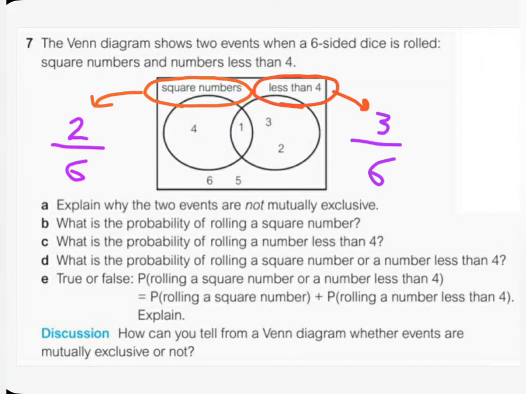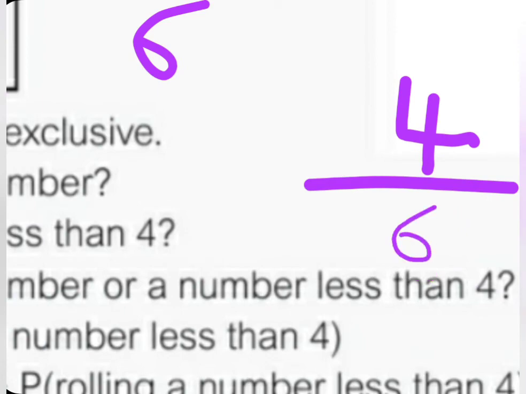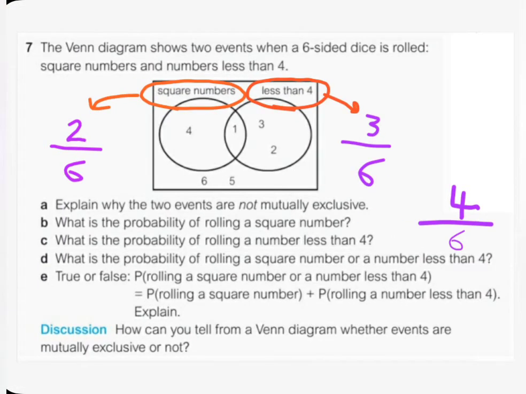So, how many do we have? Very good. We have 1, 2, 3, 4. So, rolling a square number or number less than 4, because they share this one, I can't count it 2 times, I have to count it 1 time. So I have 1, 2, 3, 4, so it's 4 out of 6. The probability of rolling a square number or a number less than 4 is 4 out of 6.